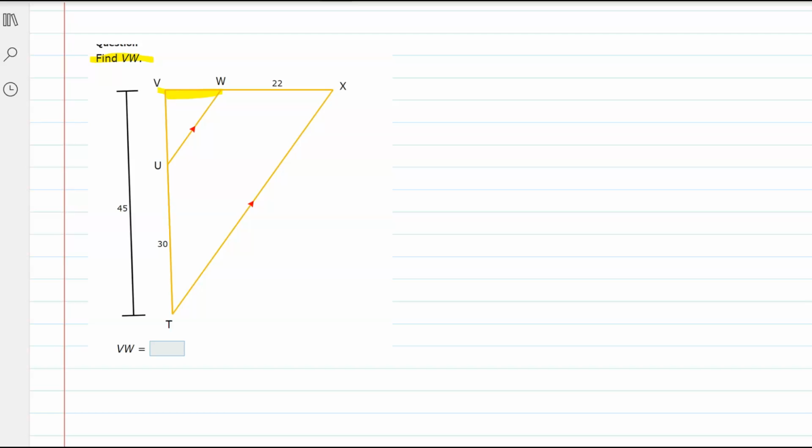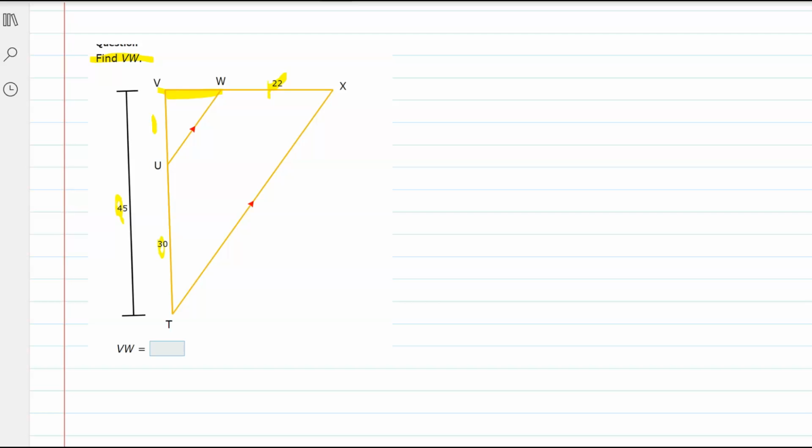We're trying to find that piece. Well, that means I need 3 other numbers to find that piece. The numbers they give me are 45, 30, and 22. Now, if they gave me this number here, I could use the triangle proportionality theorem. Oh, I can still use it, right?